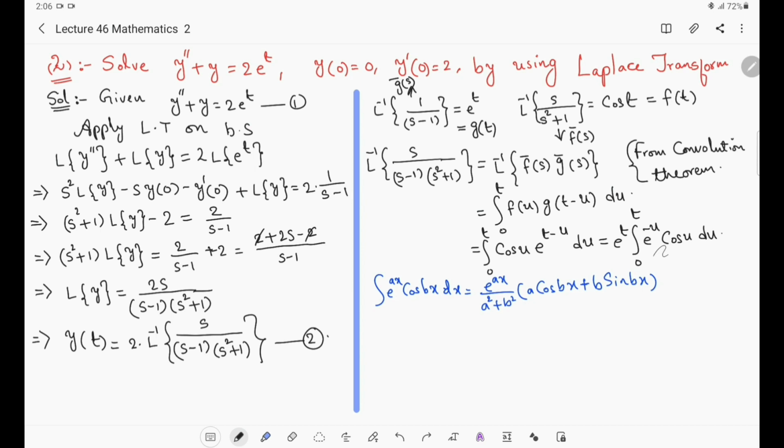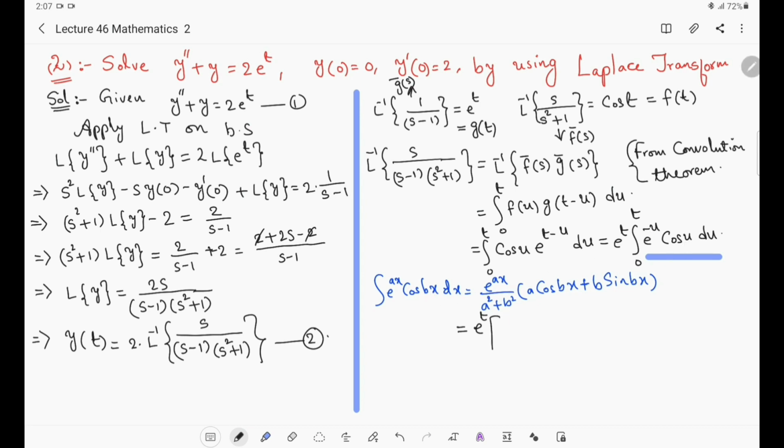for this integral. For this integral, apply the same formula. So this is equal to e power t as it is, right? Now in place of a I am having minus 1 and in place of b I am having 1.